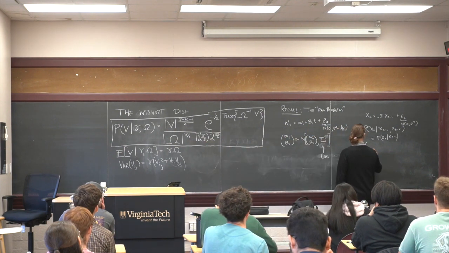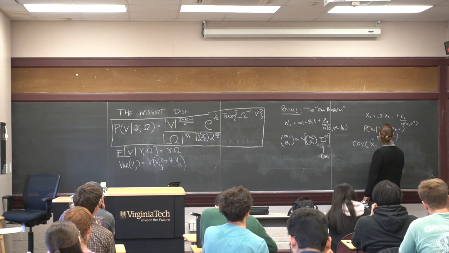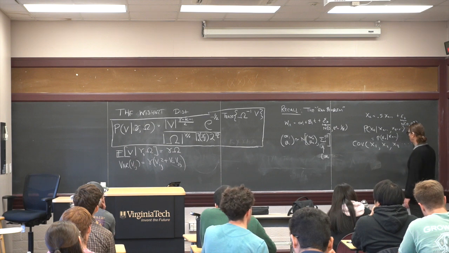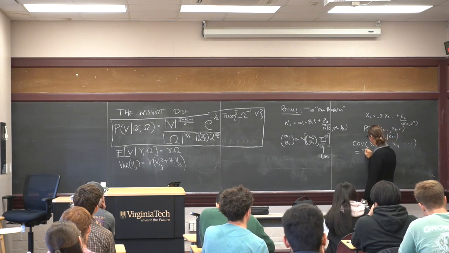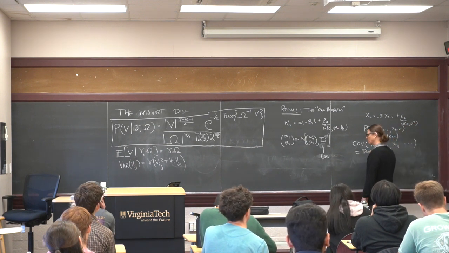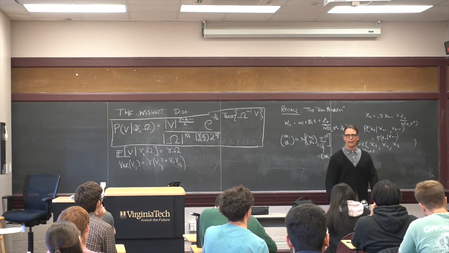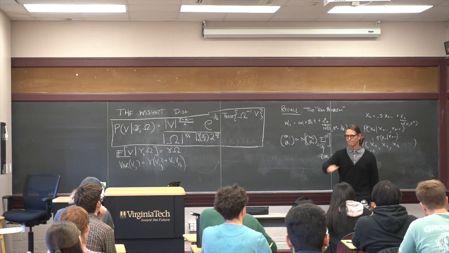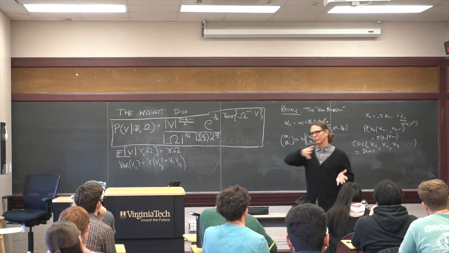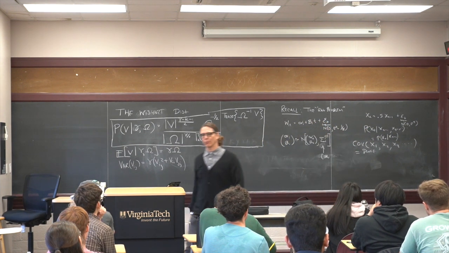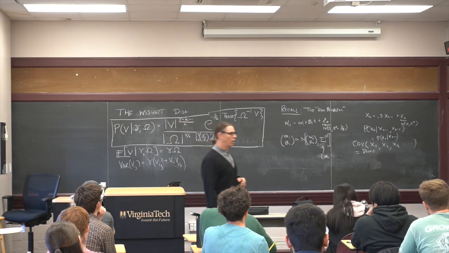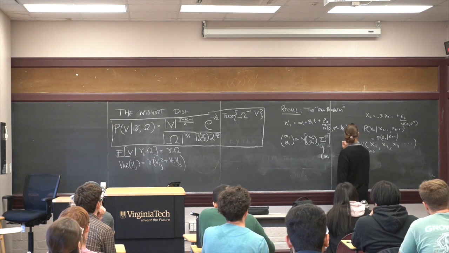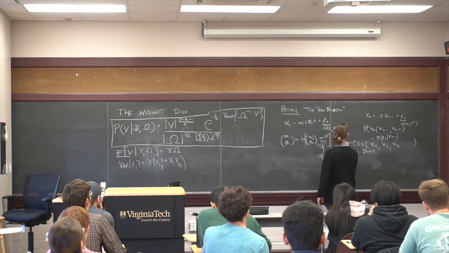The covariance of x1, x2, x3, and so on and so forth, however high you want to go, is dense. And it has this pattern where the variances on the diagonal are sigma squared, and the off diagonals start decaying as you start moving farther and farther out. So the precision matrix, I'll call this sigma.